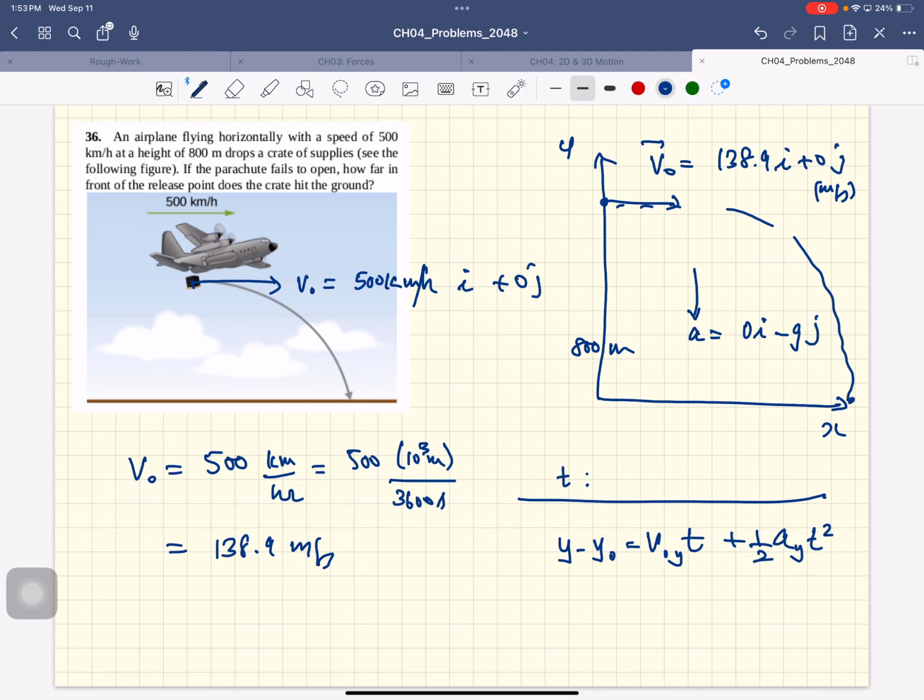Okay, so again, our axis is there. This is y naught, this is y is 0. So minus y naught. V naught y was 0.